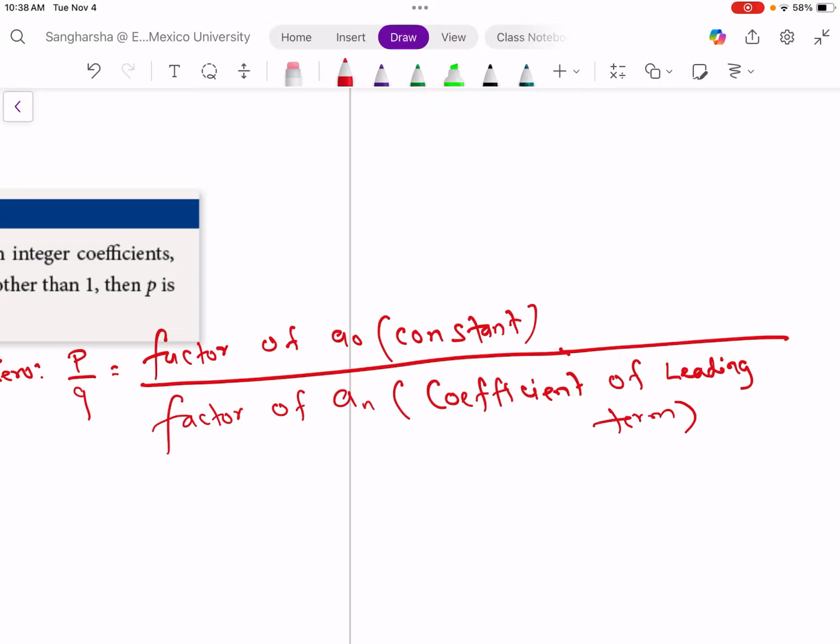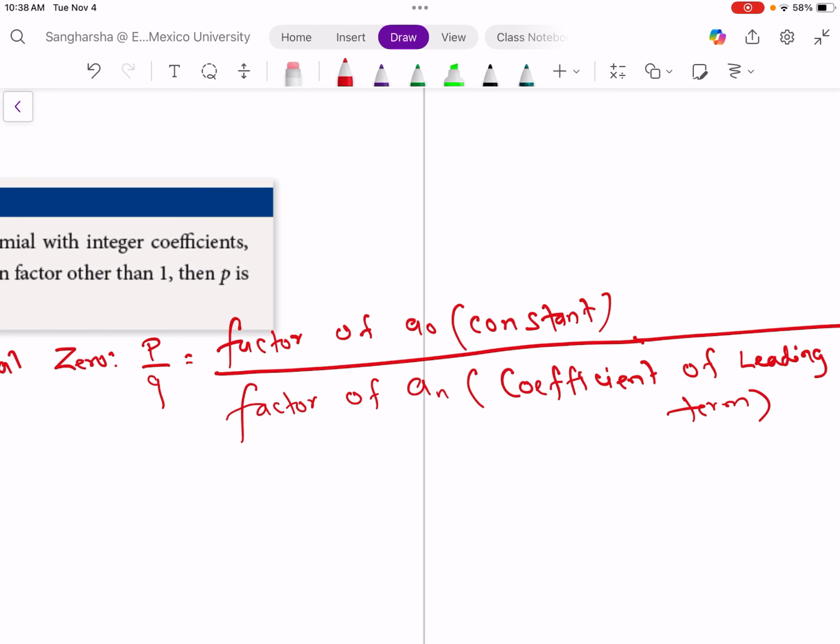Now we have a rational zero, and it helps us to identify the real zero.